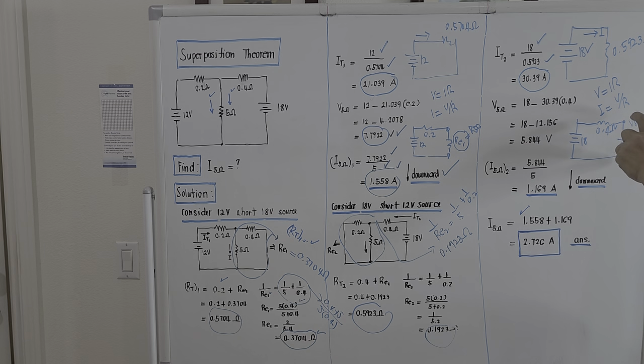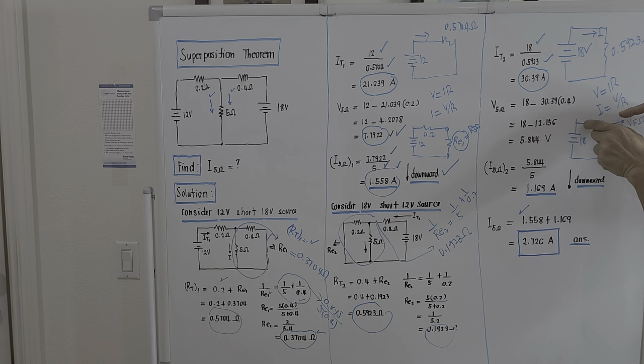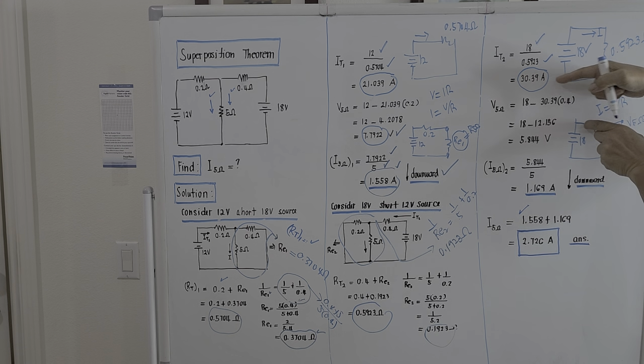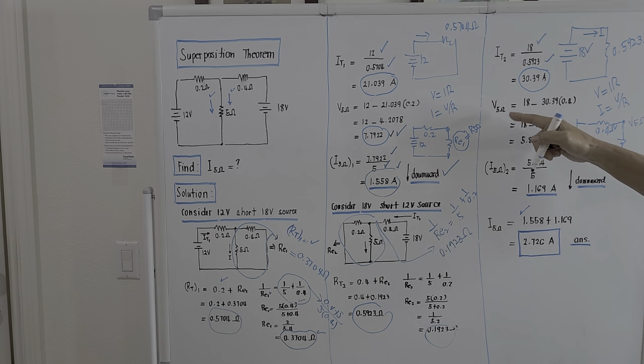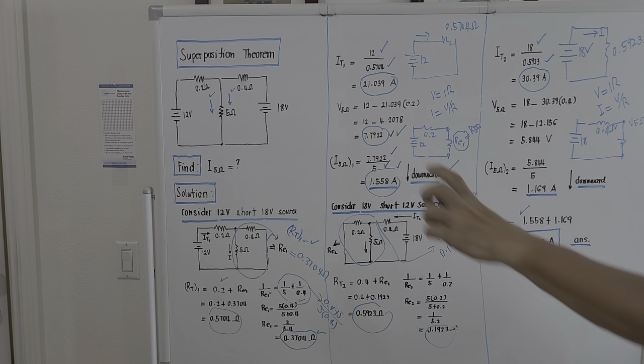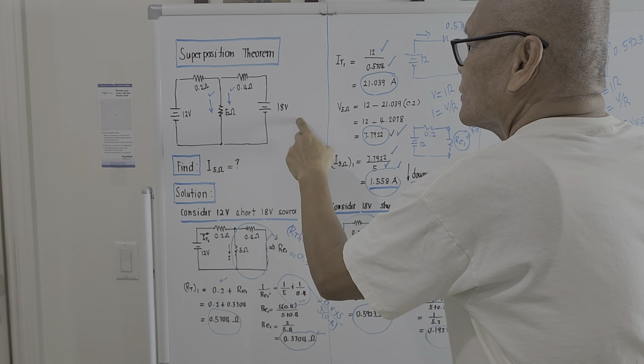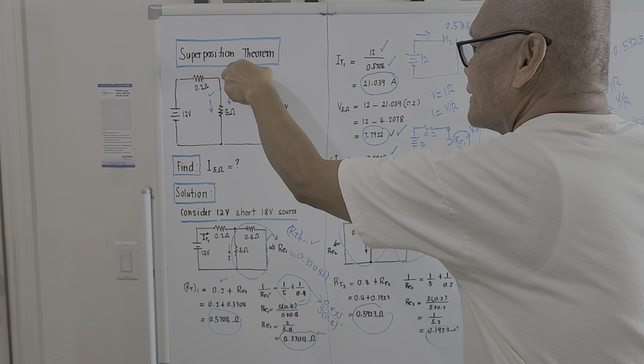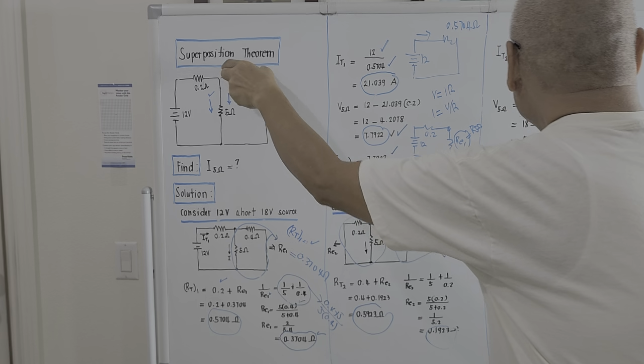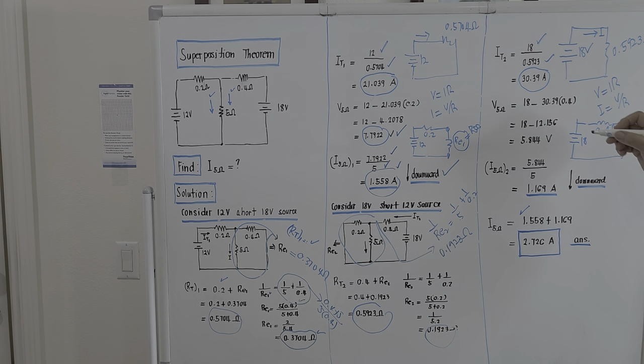The voltage across the load now will be 18 minus the voltage drop here. The voltage drop here will be the current passing, which is 30.39 times 0.4. So I place it here, the voltage across the 5 ohm load will be 18 volts minus the voltage drop here. So it will be 18 volts minus the current passing, 30.39 times 0.4.